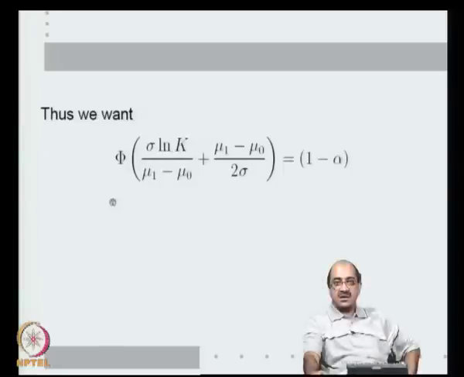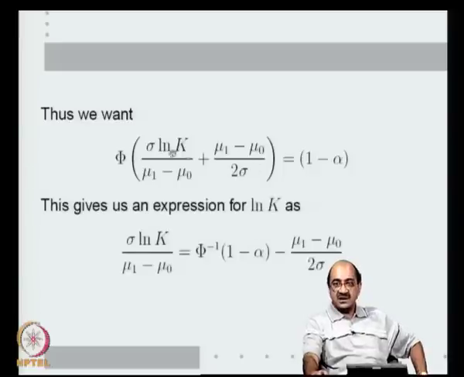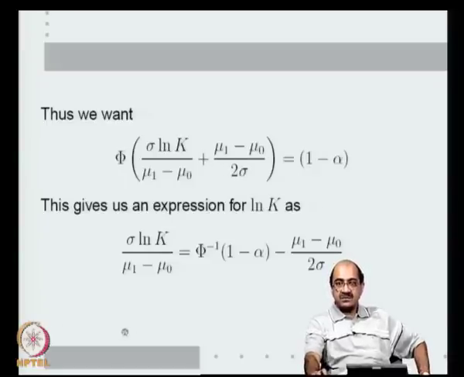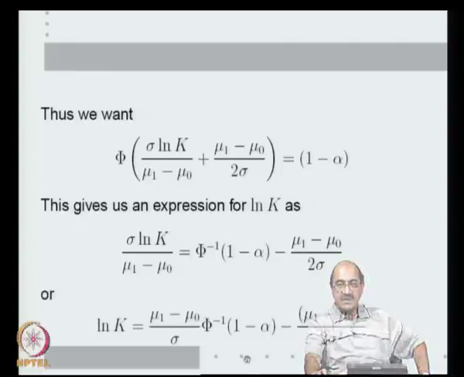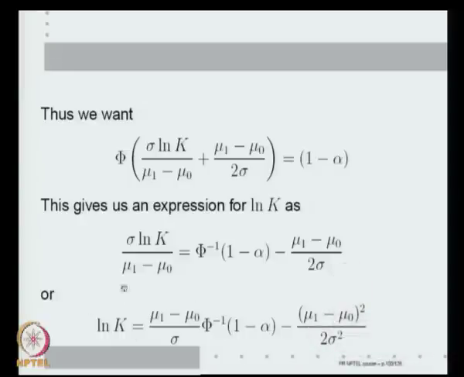So, now I can solve this for k or ln k, that gives me sigma ln k by mu 1 minus mu 0 is phi inverse of 1 minus alpha minus mu 1 minus mu 0 by 2 sigma. Now, multiply by mu 1 minus mu 0 divide by sigma, that gives me ln k is this much. Okay. From this I can get k. Okay. So, this is the threshold I want for Neyman-Pearson classifier.